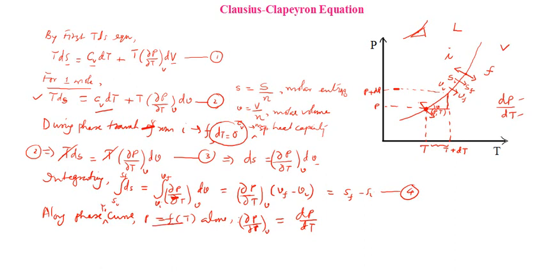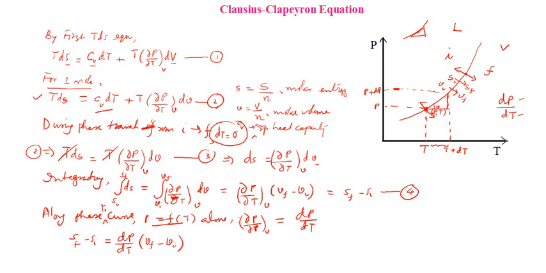Therefore I can rewrite equation number 4 simply: Sf minus Si is equal to dP/dT into Vf minus Vi.